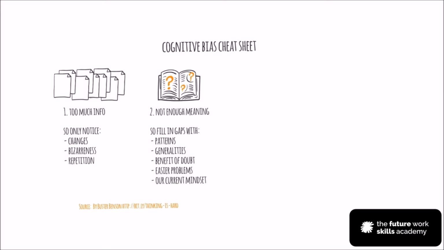We fill in characteristics from stereotypes, generalities, and prior histories whenever there are new specific instances or gaps in information. We imagine things in people we're familiar with or fond of as better than things in people we aren't familiar with or fond of. We simplify probabilities and numbers to make them easier to think about. We think we know what others are thinking. We project our current mindset and assumptions onto the past and future.